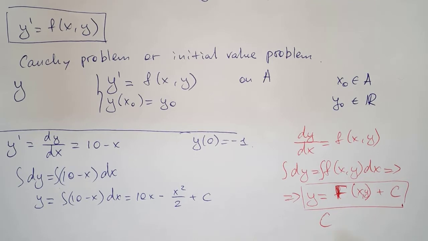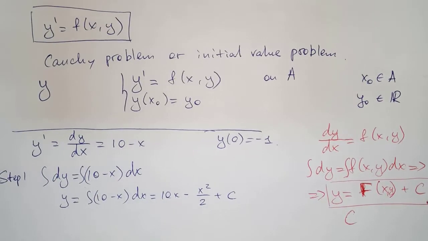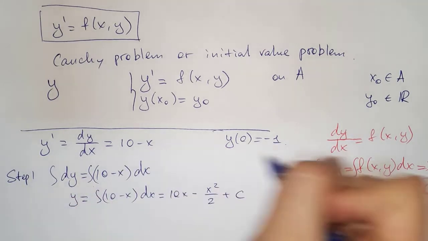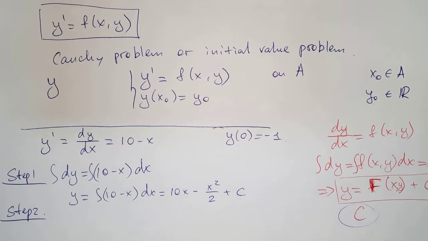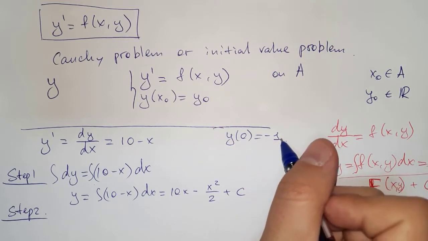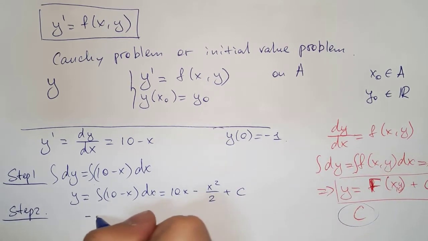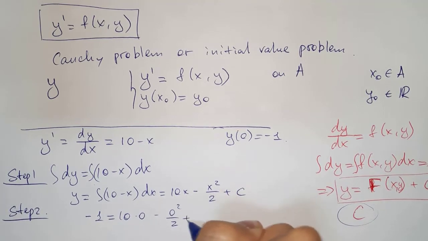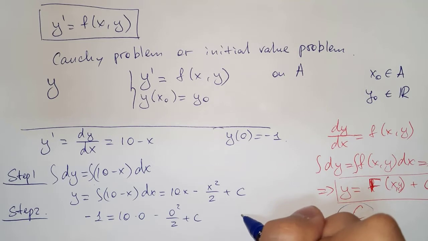So this is step 1. Now step 2 is finding the constant c by putting in the initial value. y of 0 is minus 1, which means instead of x we put 0 and get minus 1. So minus 1 equals 10 times 0 minus 0 over 2 plus c. Hence the constant c equals minus 1.